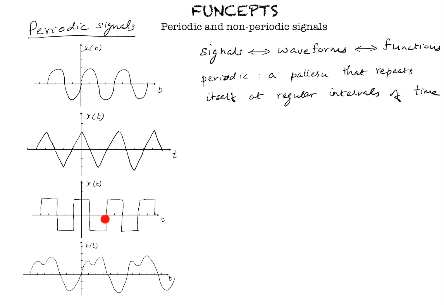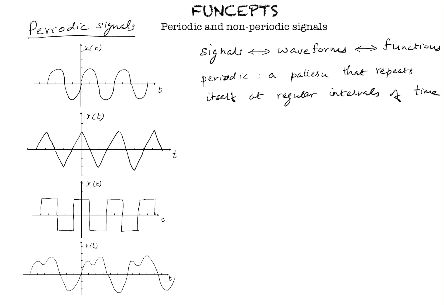And in this last figure at the bottom, the pattern starts over here and ends over here, and that same structure repeats for a second time and a third time, and so on. So a periodic signal or waveform is a signal that has a recurring pattern that repeats itself at regular intervals of time.